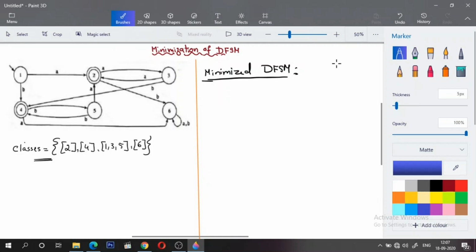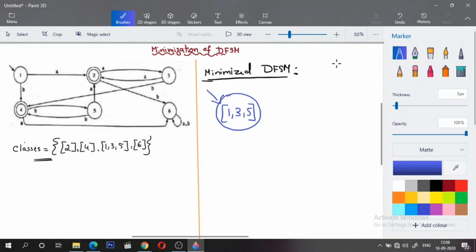So I'll have 4 states in my minimized DFSM. And what will be the starting state? The starting state in my original DFA was 1, right? So a class that contains 1 should be my starting state in the minimized DFSM. So 1 is a part of 1, 3 and 5, right? So this will be marked as the starting state.